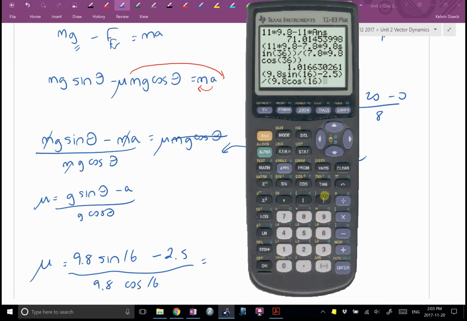Close off the cos, close off the bottom. Do you get 0.0213? Sorry, 0.0214?